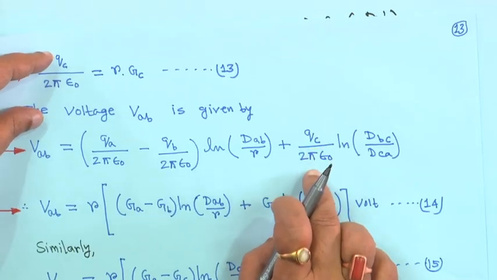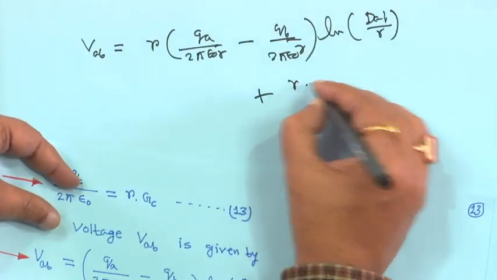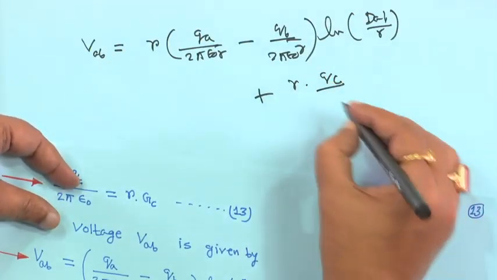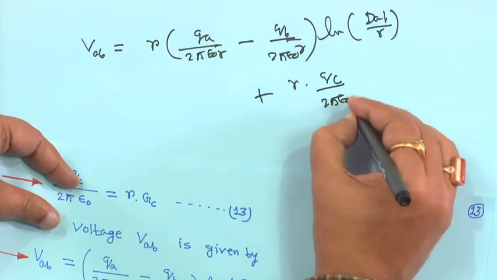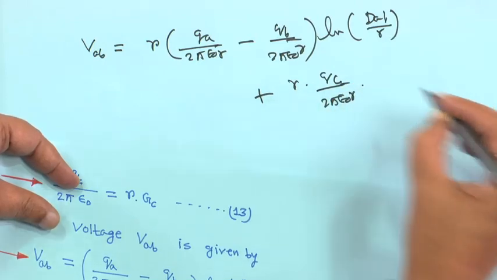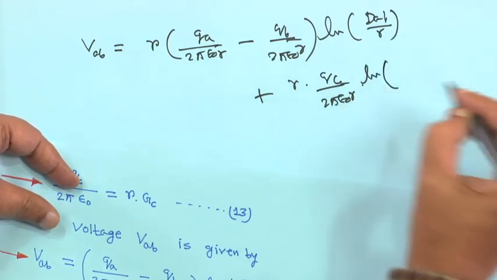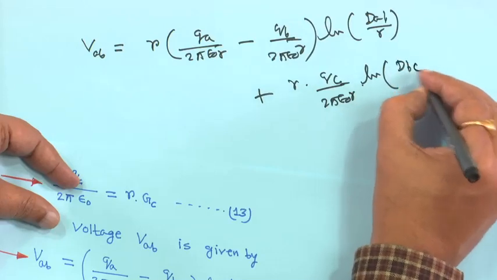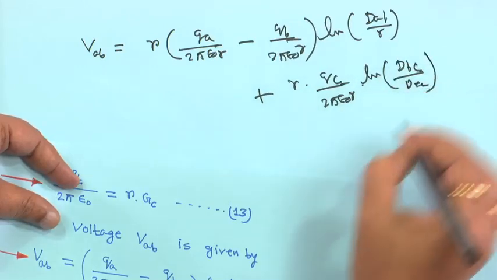Numerator and denominator you multiply by R, it will be R into QC upon 2 pi epsilon 0 R, ln DBC divided by DCA.